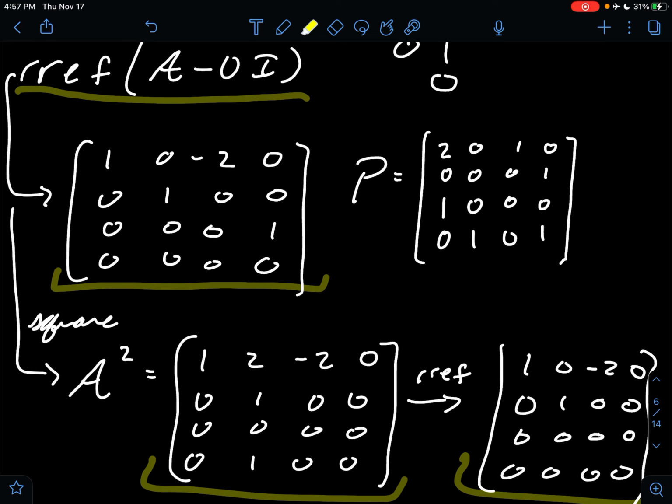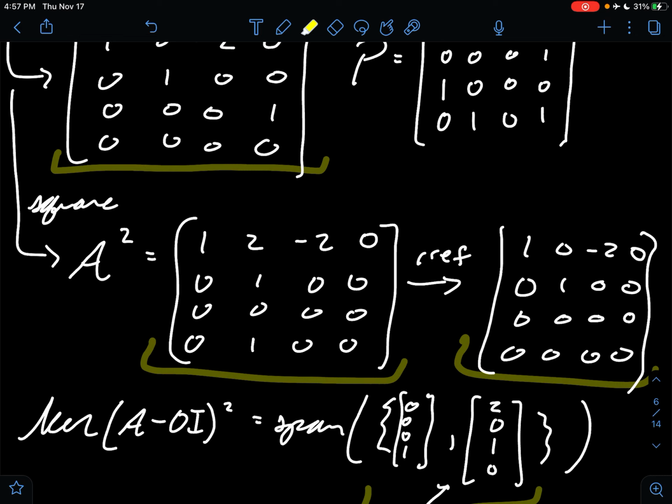Now, looking just at the row reduced form of A, we see that this vector is actually an eigenvector of A minus 0I, not squared. So it's in the kernel of A, which means that we want to use this as our eigenvector with eigenvalue 0, and this other one as our generalized eigenvector corresponding to it.